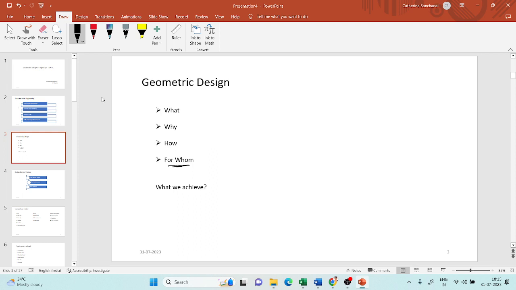And why do you need a geometric design? When we want to travel from one place to another, we expect a comfortable and efficient movement. So you need geometric design in order to guide the users of the road. The geometric design should be self-explaining and also forgiving.